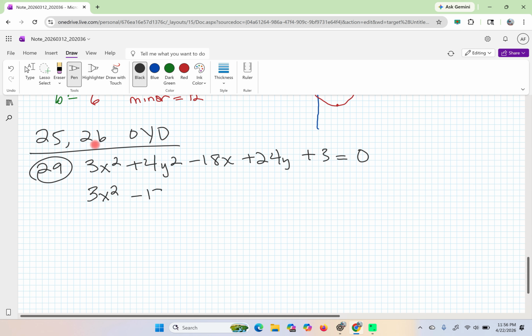3x squared minus 18x plus 4y squared plus 24y. We're going to move the constant to the right of the equal sign. That becomes -3. Now I'm going to prepare to complete the square with the x and then the y. And in order to complete the square, I need to pull out the common coefficient factor of 3.